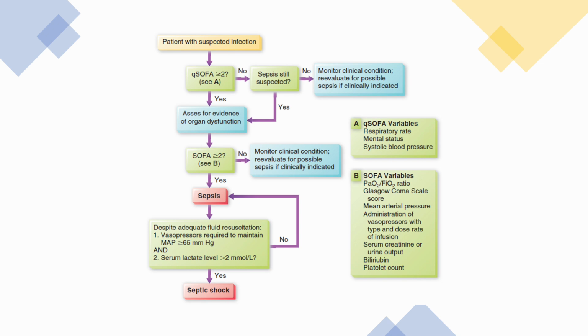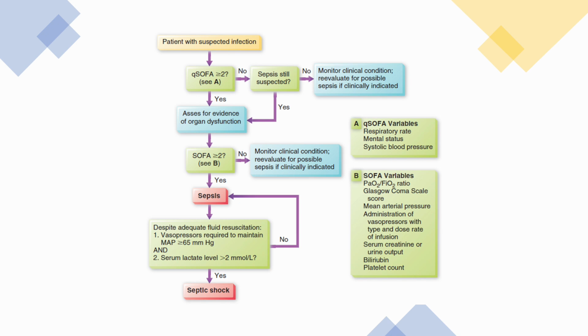SOFA variables include your PaO2/FiO2 ratio, GCS score, mean arterial pressure, and markers of organ dysfunction like elevated creatinine, bilirubin, platelet count, etc. If your SOFA is greater than or equal to 2, the patient is diagnosed with sepsis.